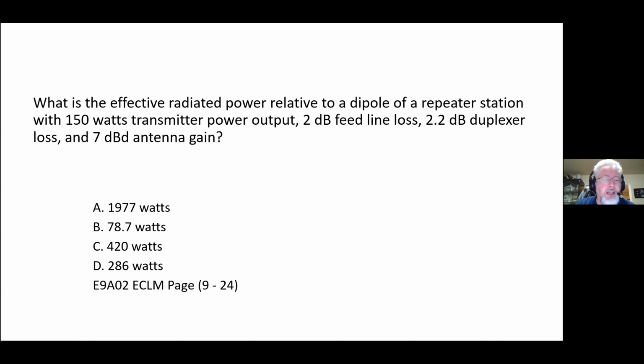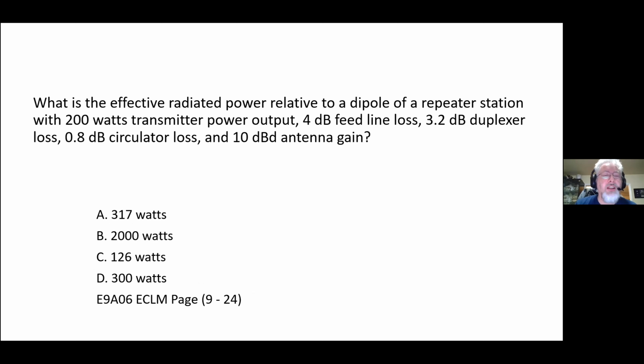A, 1977 watts. B, 78.7 watts. C, 420 watts. D, 286 watts. Delta is correct, 286 watts.